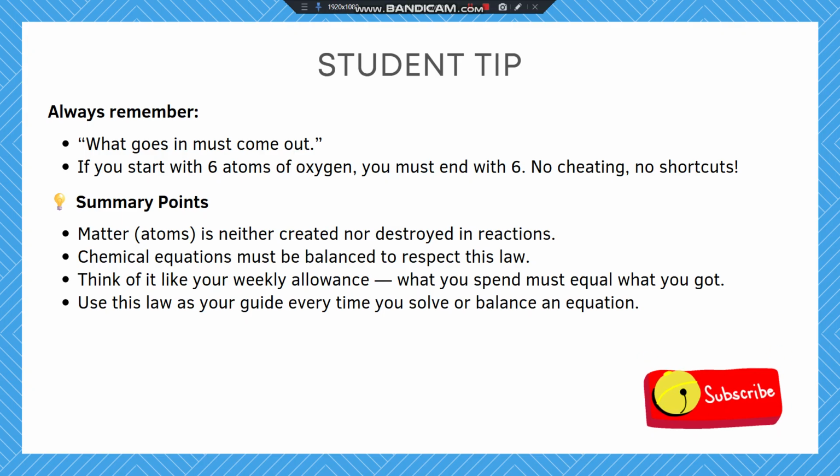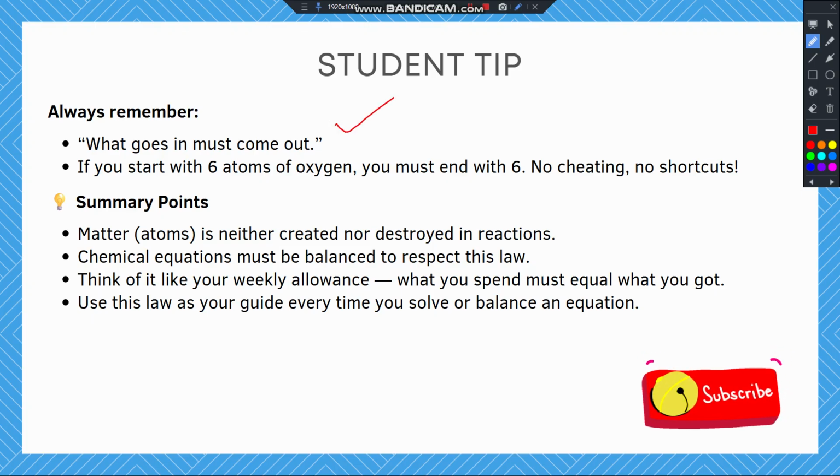So at this point, here is a tip for you. Always remember that as far as the law of conservation of mass is concerned, what goes in must be equal to what comes out. We saw that in the equation that we just balanced for the combination of hydrogen and oxygen to form water.